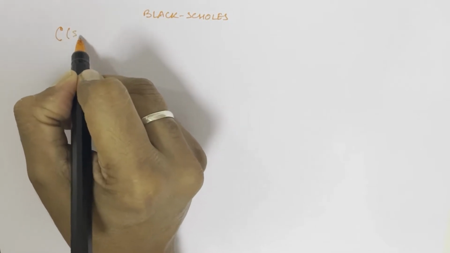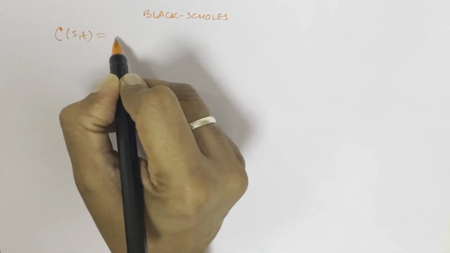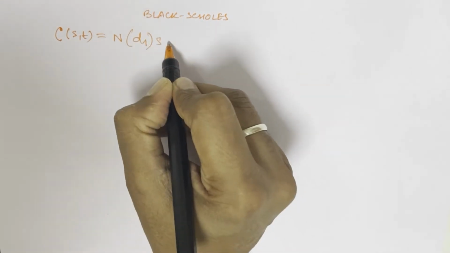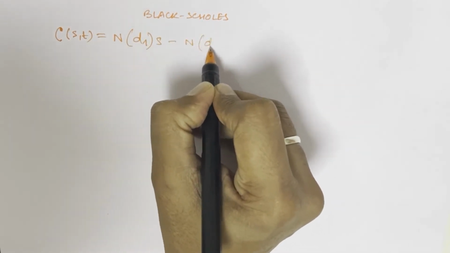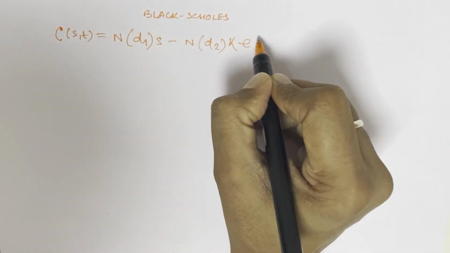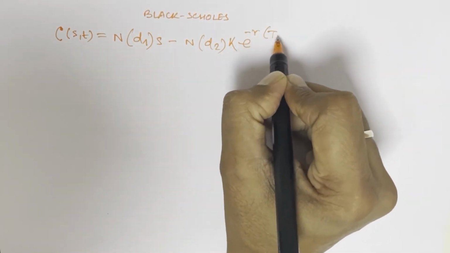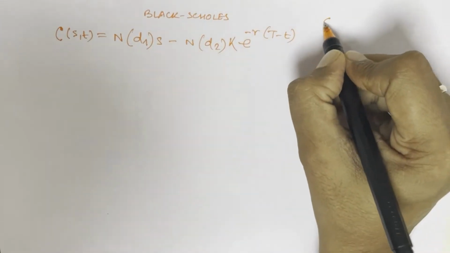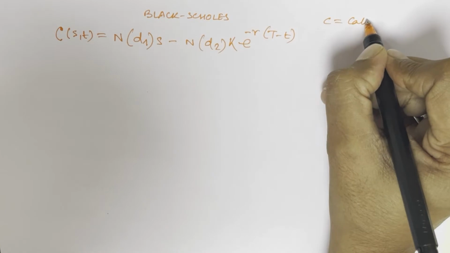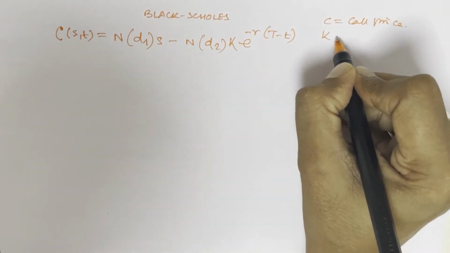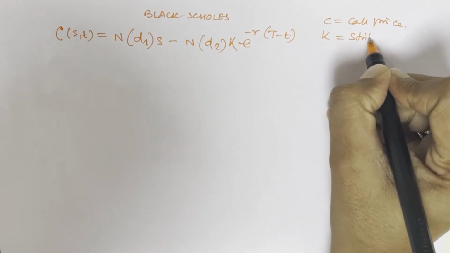C(S,t) is equal to N(d1)S minus N(d2)K e to the power minus r(T minus t). Let's understand. So C is the call price. K is the strike price.